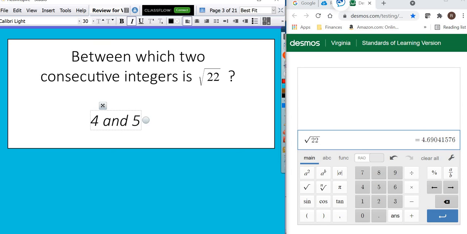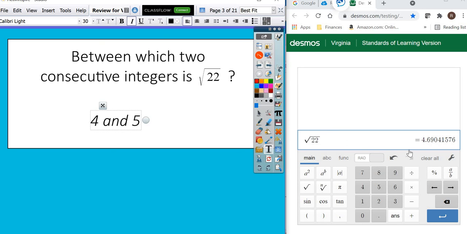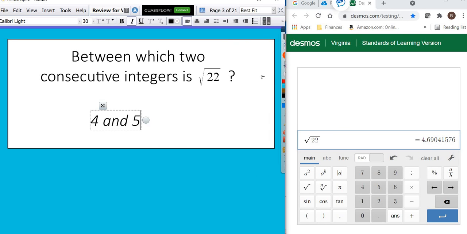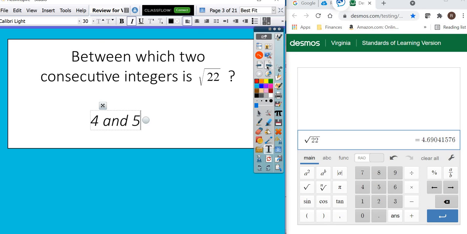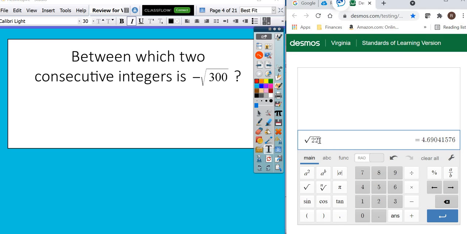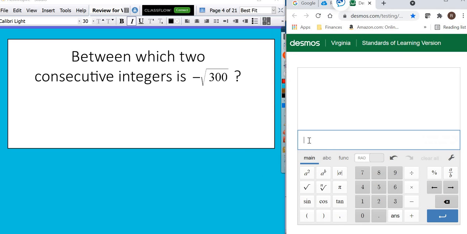So whenever you're doing between, put it in the calculator and whatever number comes before the decimal has to be the first part of your answer, and then you just count up. All right, let's see if we have any more. We do. Let's put this in the calculator. It is negative square root of 300. So what are the numbers before the decimal?